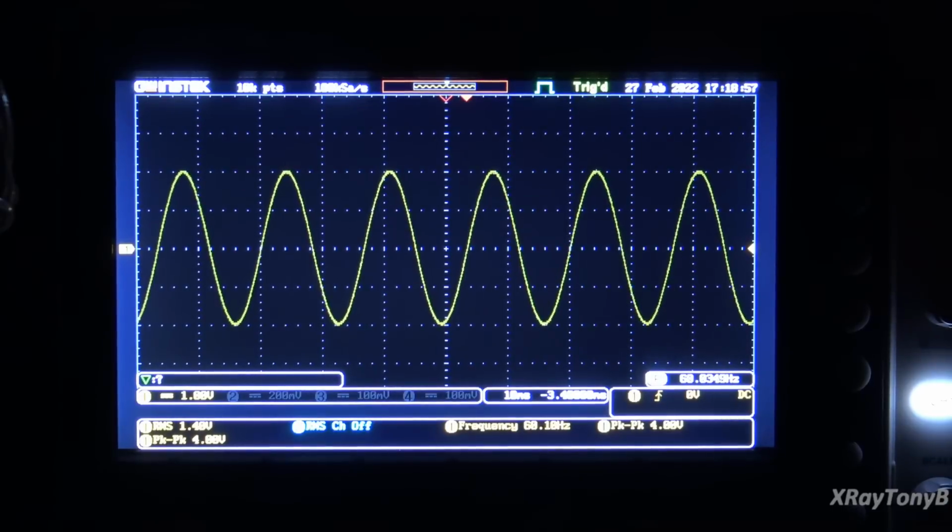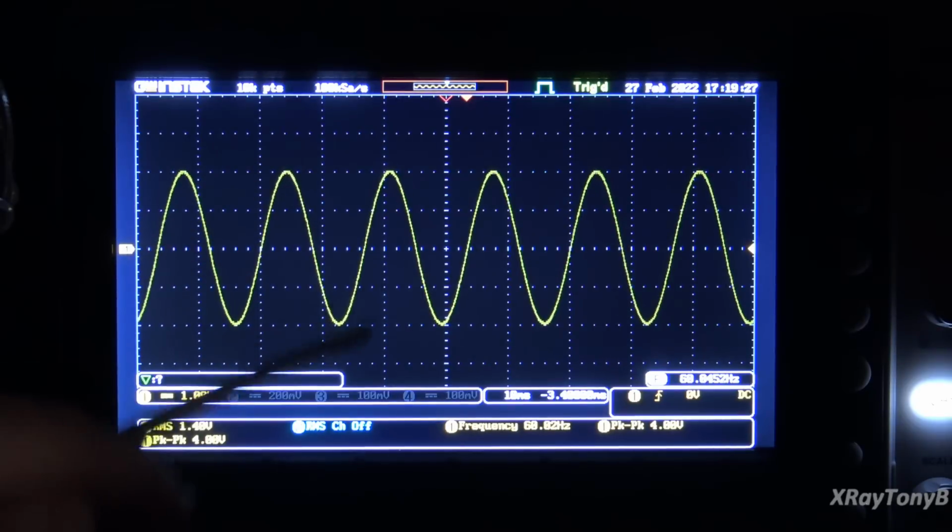Now there's a few different ways in which we can measure, or ways that we can look at this, okay? The first way is, how many volts does it go to in each direction? So we can count, it goes 1, 2 volts positive, and it also goes 1, 2 volts negative. So we could say that this is a 2 volt peak signal. That means it peaks out in either direction.